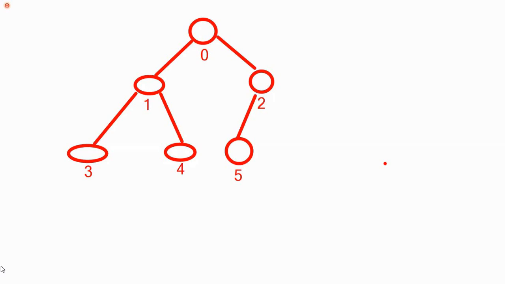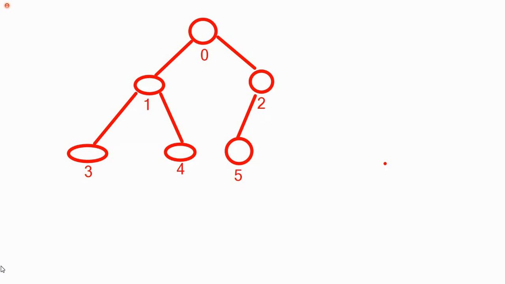If all levels are full, that is a full tree. If less than on the left side and greater on the right side, it is a binary search tree. If each node is greater than its child nodes, it is a maximum heap tree. If each node is less than its child nodes, it is a minimum heap tree.